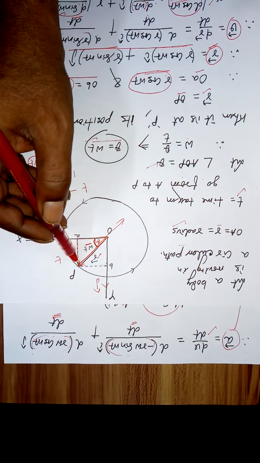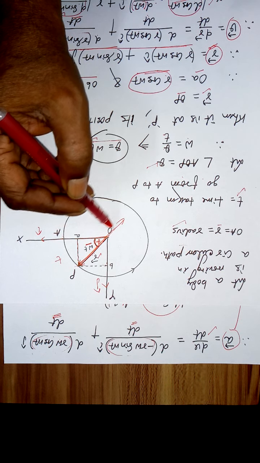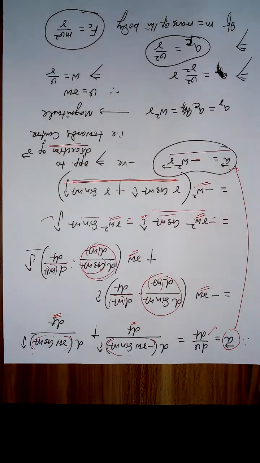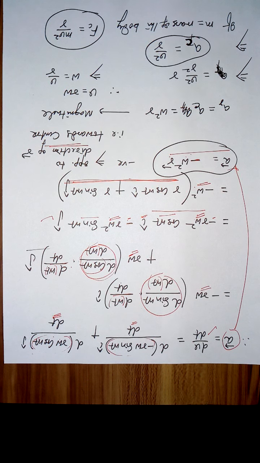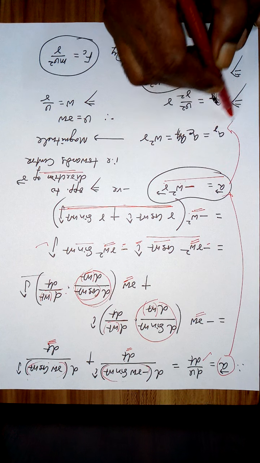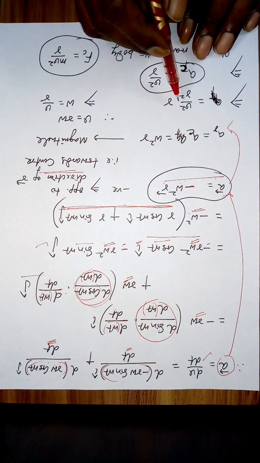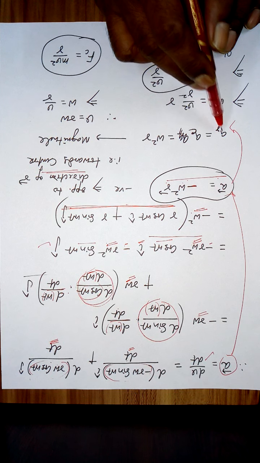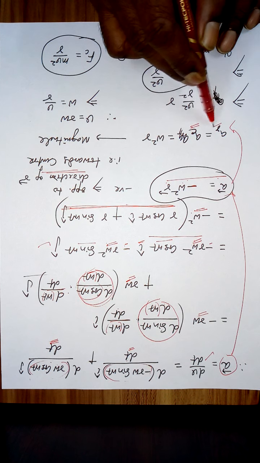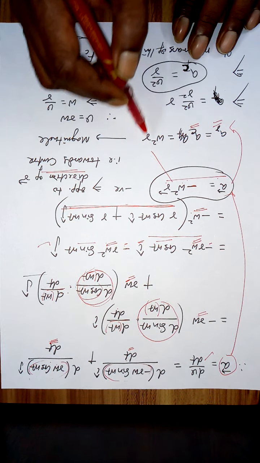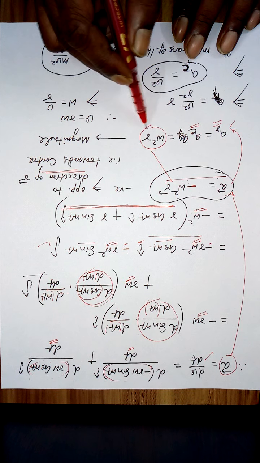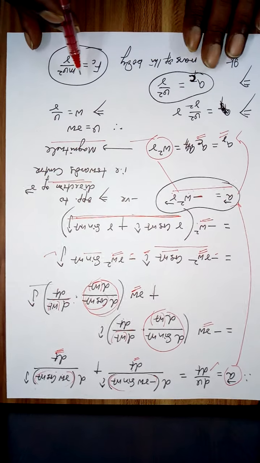R is to this side, the acceleration is to this side, that is passing through the center, directed towards O. Now, since it is towards the center along the radius, it is called radial acceleration or centripetal acceleration. So its value is equal to omega square r. The negative sign only indicates the direction, so this much is the magnitude part of it.